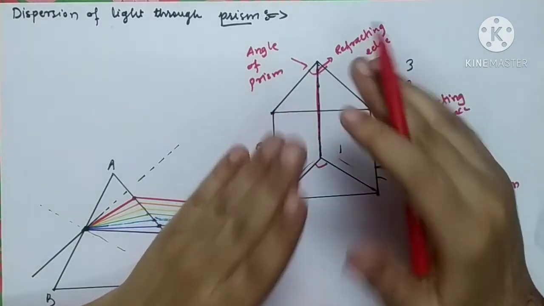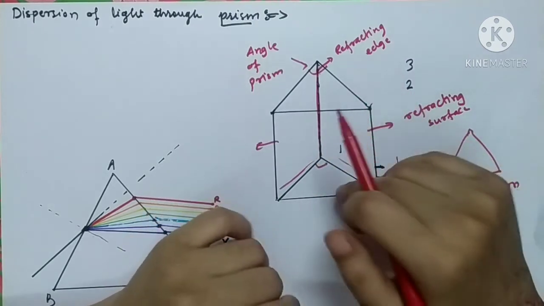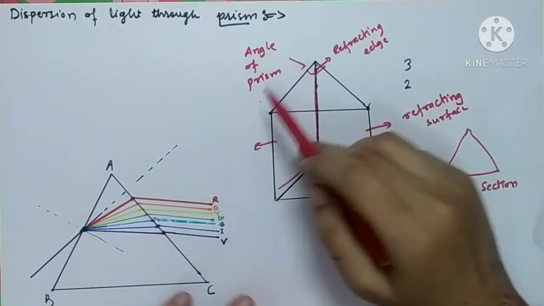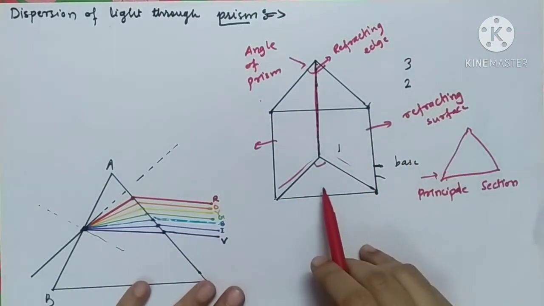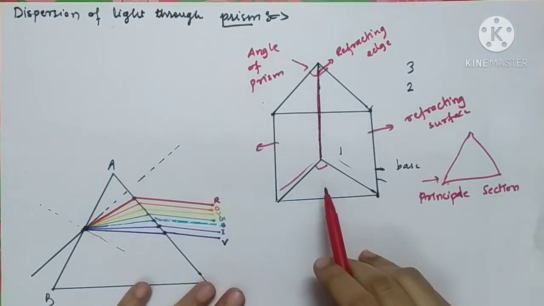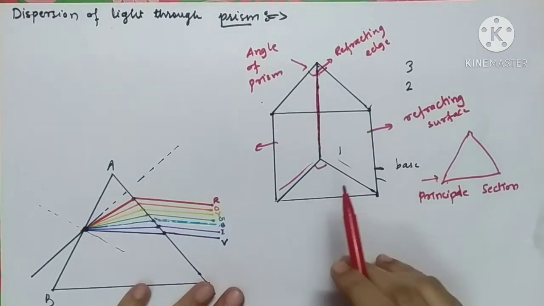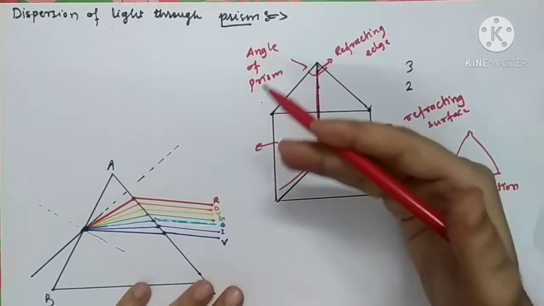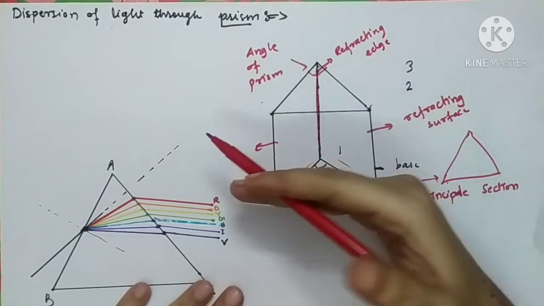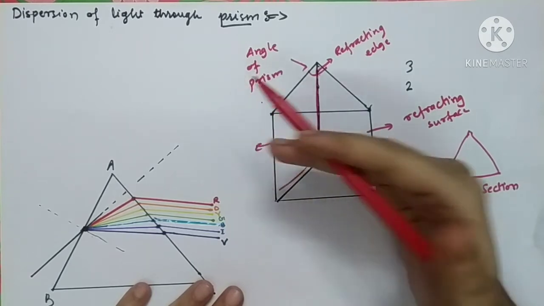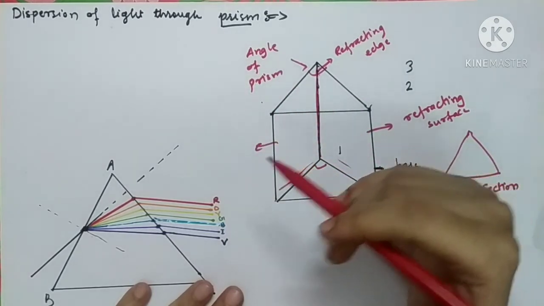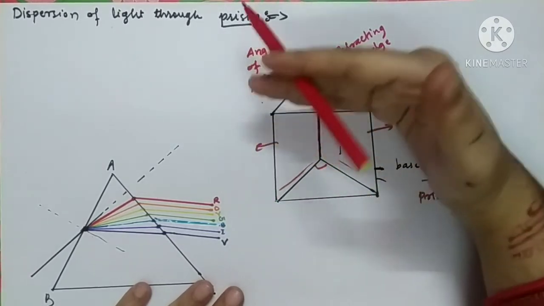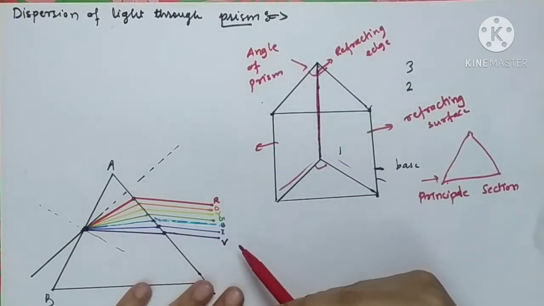The angle between the two refracting surfaces is called the angle of prism, while the third surface forms the base of the prism. Similarly, when we cut the prism vertical to the refracting edge, it will be broken into a number of triangles.